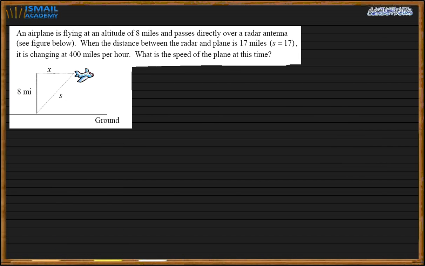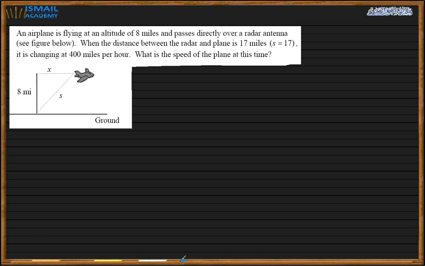The next question. So here we have a word problem. An airplane is flying at an altitude of 8 miles and passes directly over a radar antenna. So they give you the graph here. When the distance between the radar and the plane is 17 miles, which is s equals 17, it is changing at 400 miles per hour.